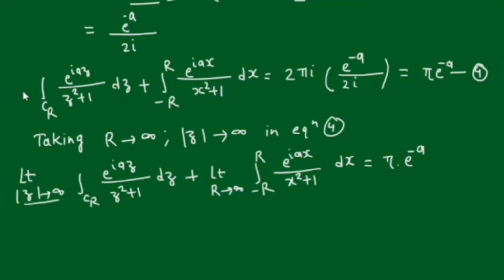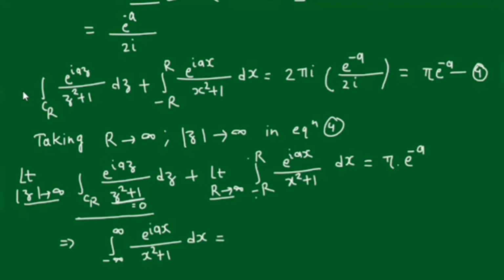Now see, when we apply z tends to infinite in this function, then the value of this function will become 0. That means this term will vanish after applying the limit. And here, when we apply this limit, then the limit of integral will become from minus infinite to plus infinite. So we'll get integral from minus infinite to plus infinite e to the power iota ax divided by x square plus 1 dx is equal to pi e to the power minus a.